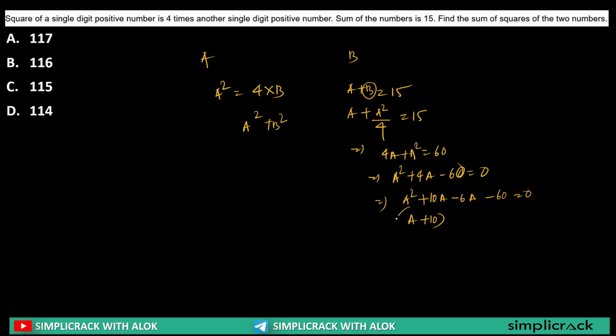So A plus 10 into A minus 6 is equal to 0. Now A plus 10 can't be there because the number is positive, so A is equal to 6.